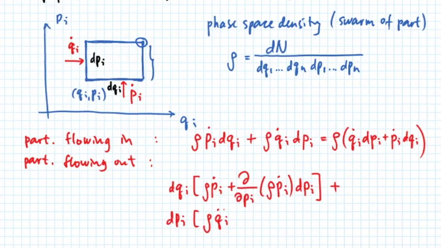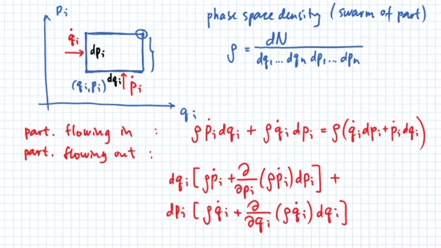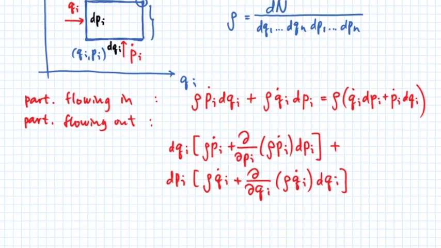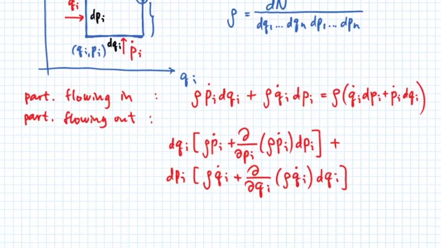We have to update it, and we update it by adding the Taylor term correction, the partial derivative with respect to q sub i of rho times q sub i dot, and times dq sub i. Now, next, we're going to subtract the number of particles that we found flowing in minus the number of particles that we found flowing out.